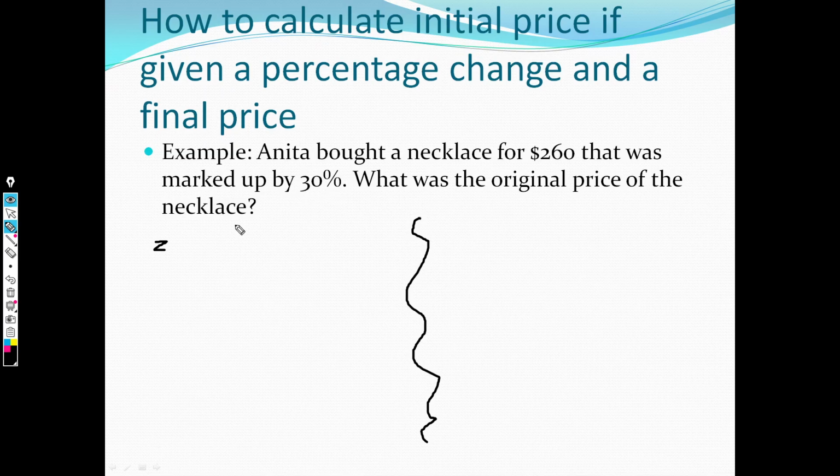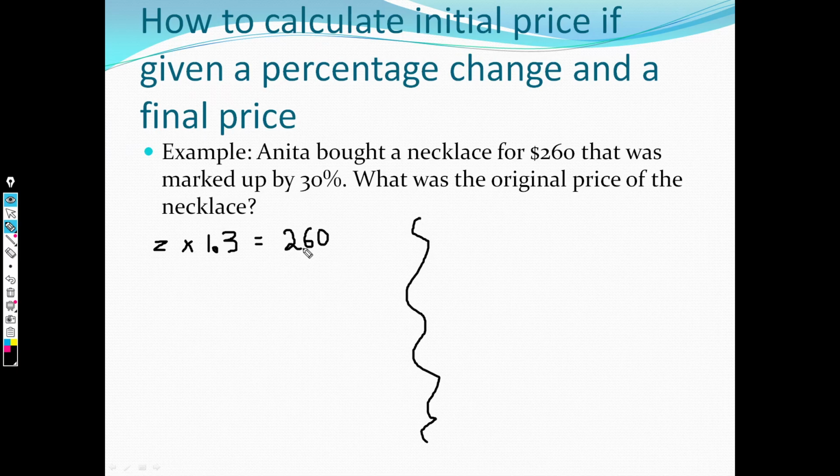So that's where I clue in, and I take the original value and multiply it by 130%, but as a decimal, 1.3, and that should get me the new value, which is the value that Anita bought this necklace at, which is 260.